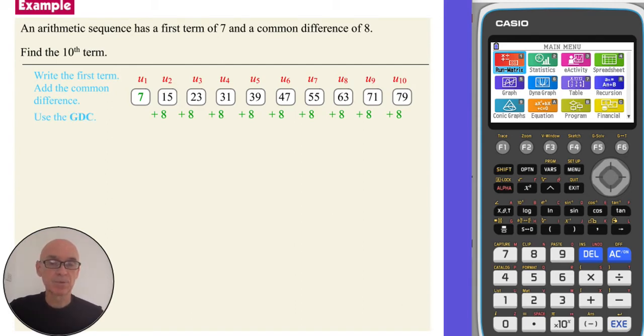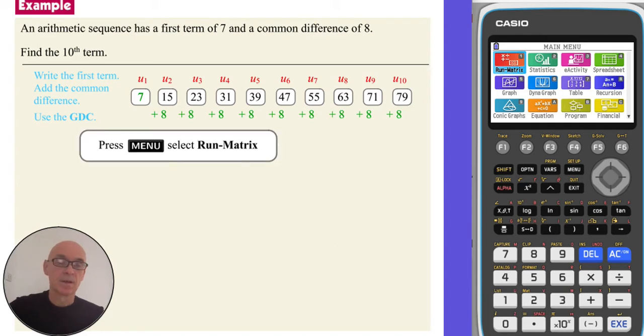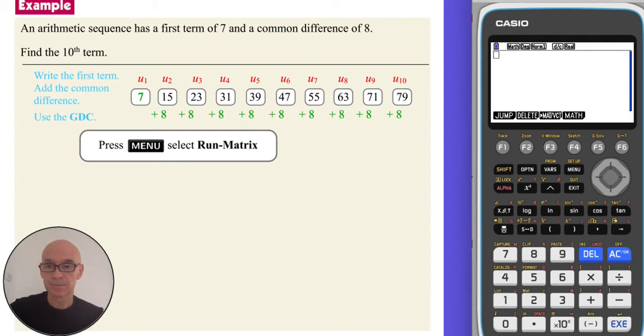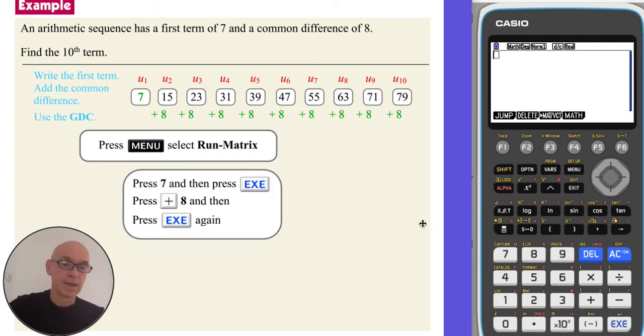These simple calculations can be done neatly on your calculator. From the main menu, if we choose Run Matrix, which is option 1, and then press 7 and press execute to enter the first term. And then if we add the common difference by pressing add 8 and execute again, we'll get the second term of 15.